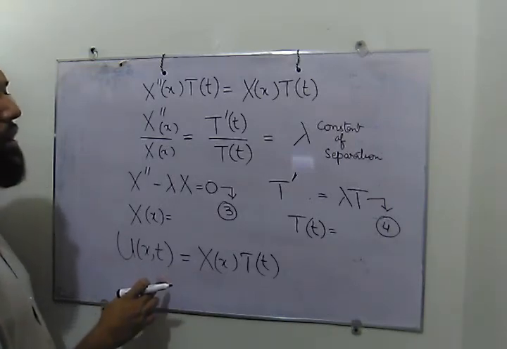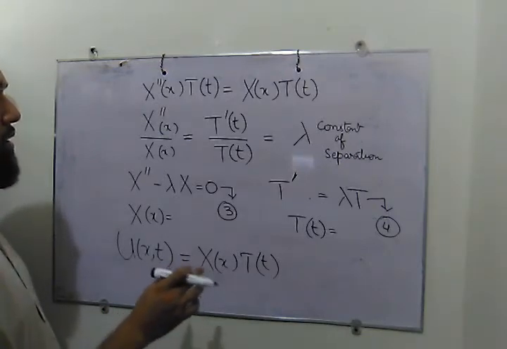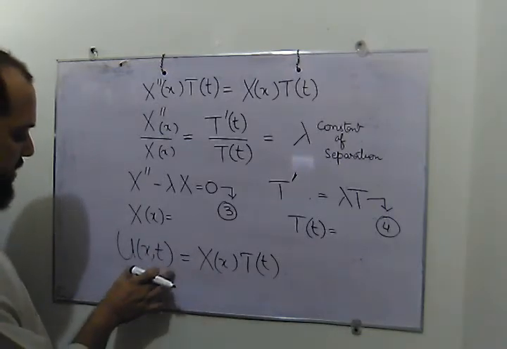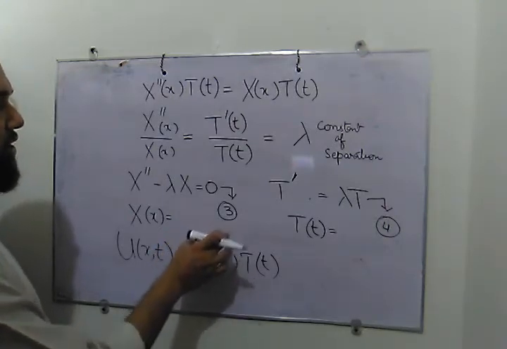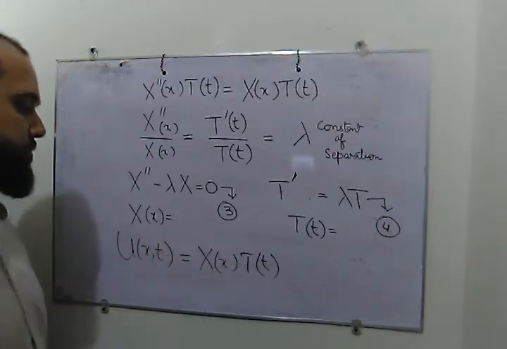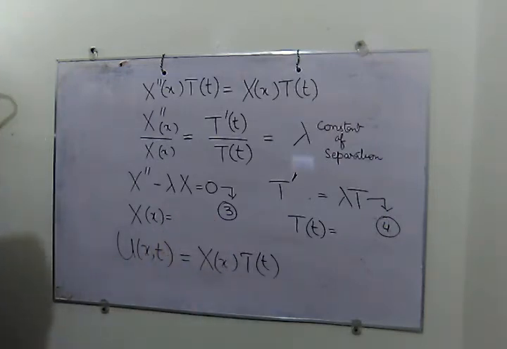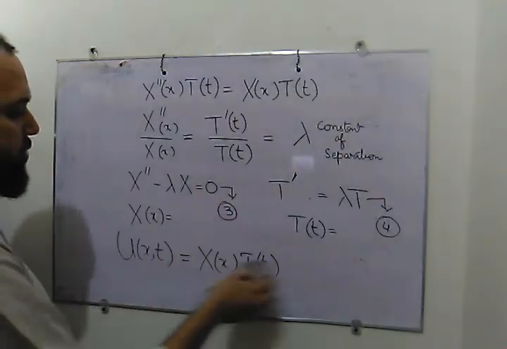So this is the beauty of the method of separation of variables, which separates the problem into solutions of two easy equations, two ordinary differential equations which are easy to solve. So all we have to do is to find the solutions of these two equations.